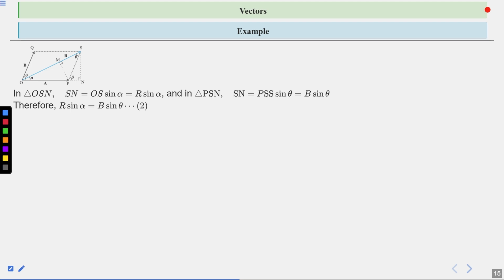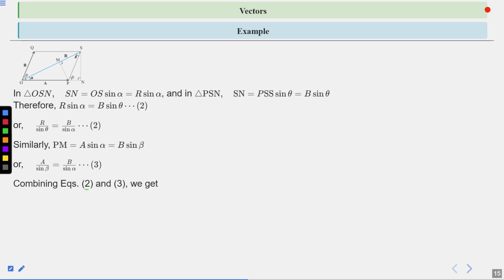Therefore R sin alpha is equal to B sin theta, and it will become R by sin theta is equal to B by sin alpha. Let this be equation second. Similarly, PM is equal to A sin alpha is equal to B sin beta, and it will be A upon sin beta is equal to B upon sin alpha. Let this be equation third.